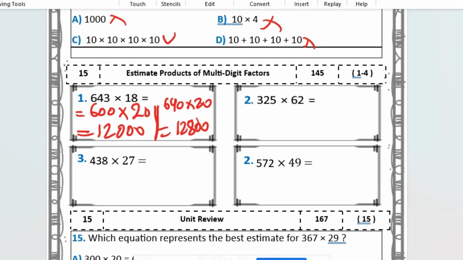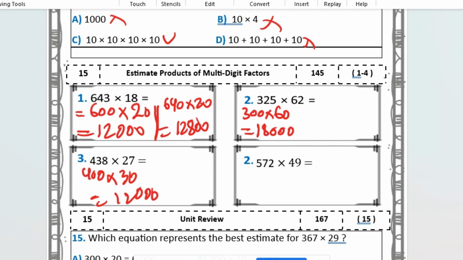Here I'm going to use the compatible number, so this will be 300 times 60, which is equal to 18,000, and here 438 will become 400 times 30, which is equal to 12,000.